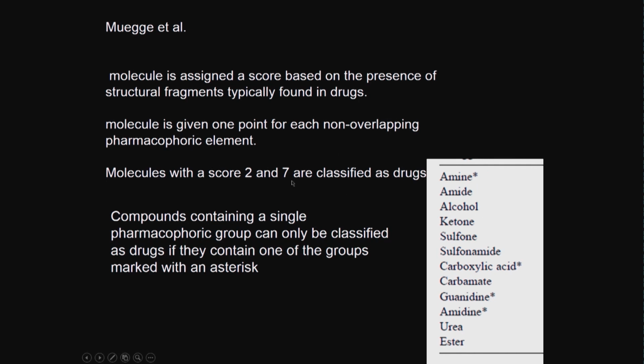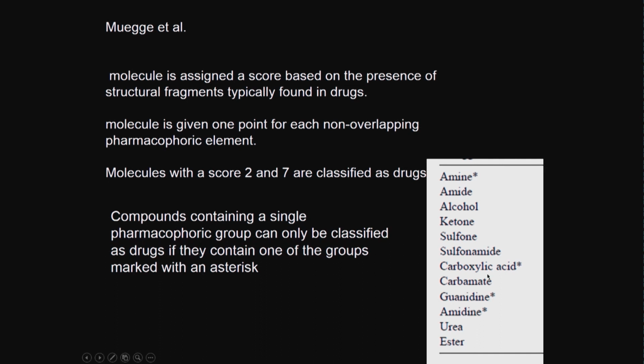So molecules with a score of 2 to 7 are classified as drugs. So look at your molecule and see how many of these groups are present. So you give 1 mark for each of these non-overlapping, and if it falls between 2 and 7, then you classify it as a drug. And even if only 1 is present, compounds containing a single feature of carboxylic acid or amine, then you can classify it as a drug, okay.